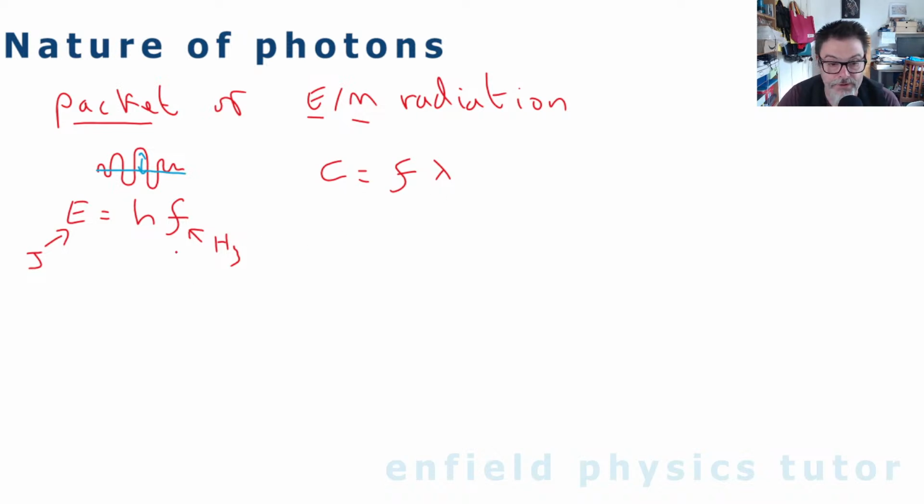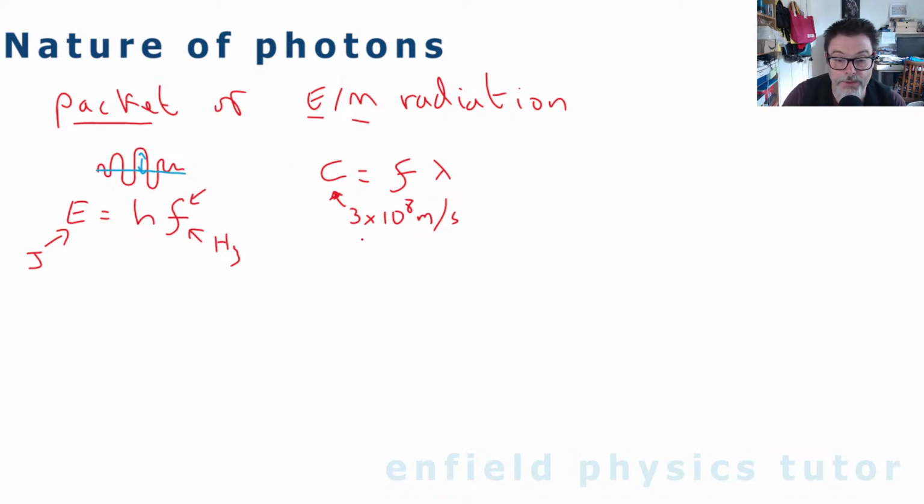The thing that's different, for us anyway, is the frequency. They all travel at this amazing speed of 3 times 10 to the 8 meters per second, rather oddly called c. Who would have guessed that c would be the velocity of light, or of electromagnetic photons? Anyway, there you go.